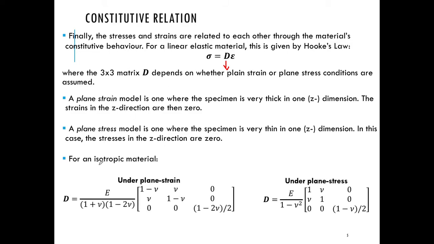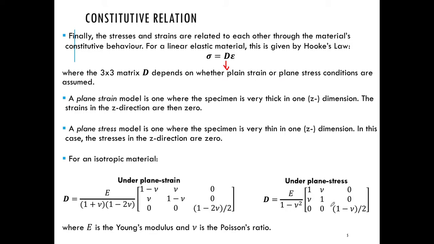For an isotropic material, which has the same Young's modulus or elastic stiffness in all directions, our D under plane strain takes this expression right here, in terms of E and nu, where E is the Young's modulus of the material and nu is the Poisson's ratio of the material. And under plane stress, it takes this expression right here. So we just need to be careful which particular type of 2D linear elasticity problem we're looking at.